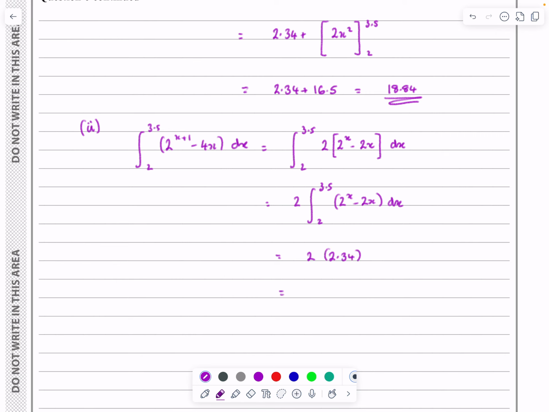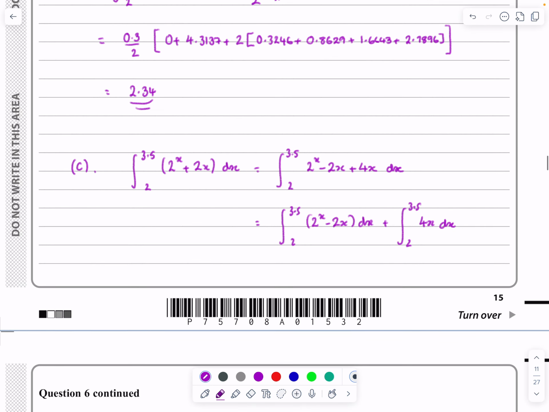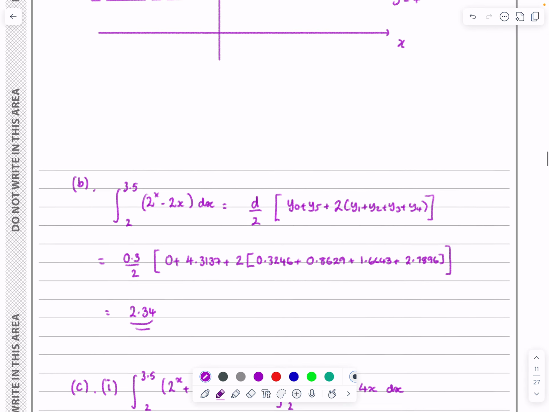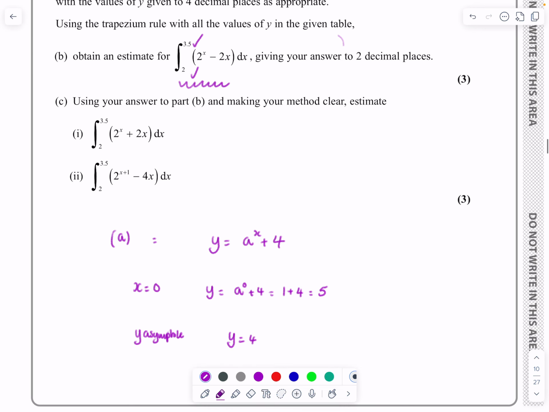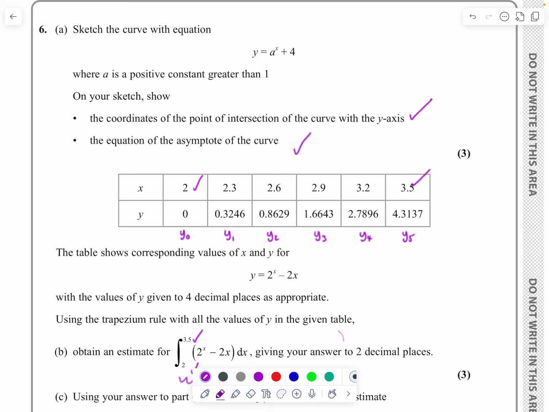So that means the answer works out to be 4.68. So part 1 and part 2 are quite clever. You need to have done some of those and just get the idea behind them. But the rest of that question should be fairly straightforward. Okay, hopefully that all makes sense to everybody.